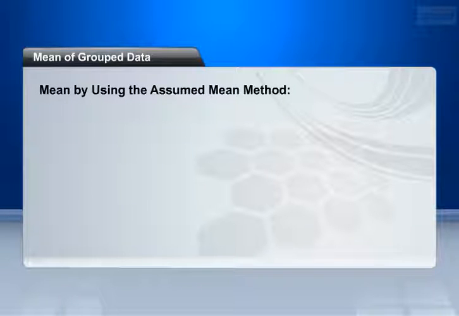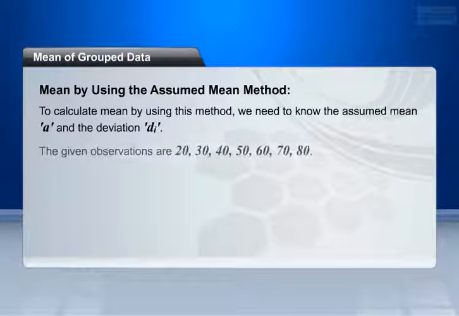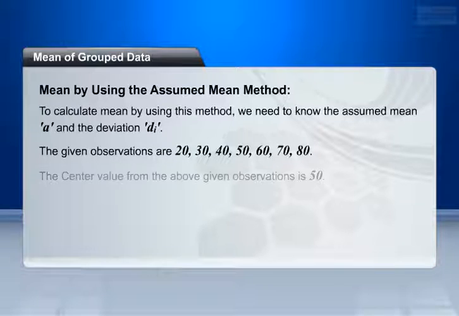Calculating the mean by using assumed mean method. In this method to calculate mean, we need to know the assumed mean A and the deviation di. The given observations, that is, class marks are 20, 30, 40, 50, 60, 70, 80. Then, the center value from the above given observations is 50. Therefore, A equals 50.